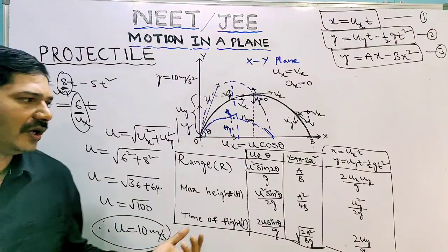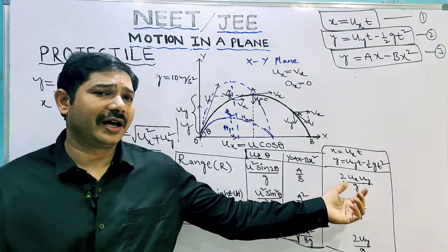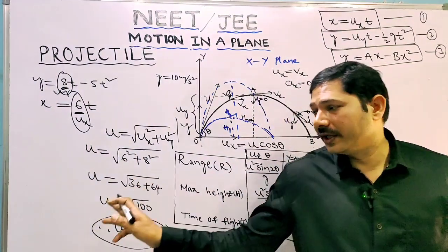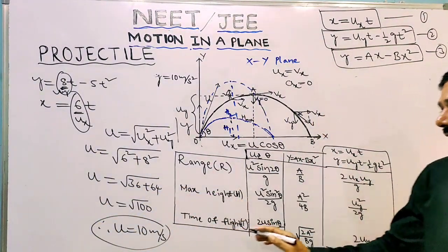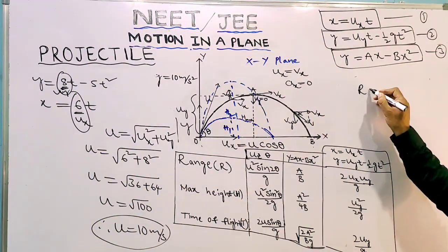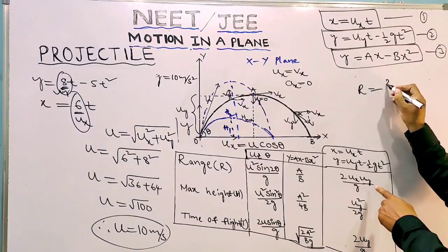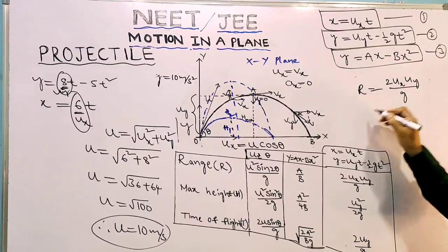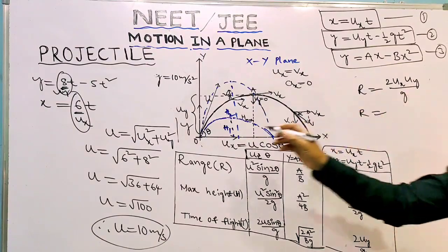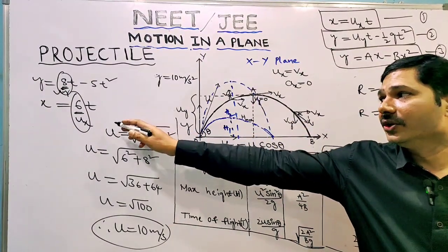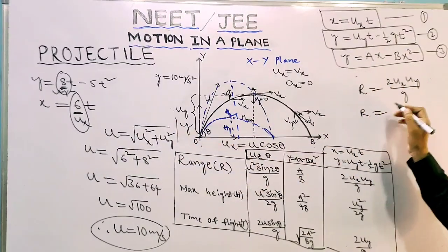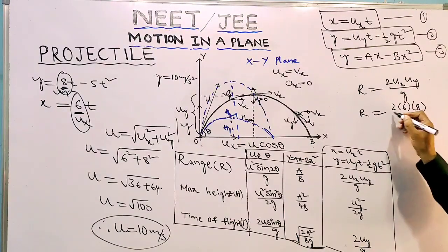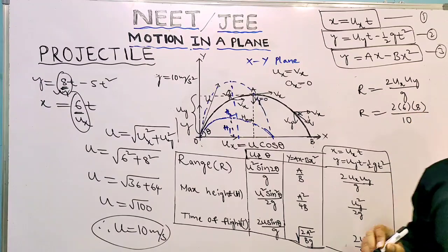If they ask for the range for this problem, how to calculate it? The range R equal to what? What is the formula? 2ux uy by g. Okay, range R equal to, ux value is how much? 6. 2 into 6 into uy is 8 by g value given 10.